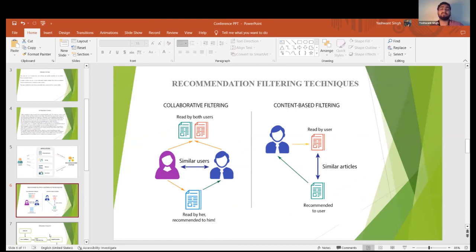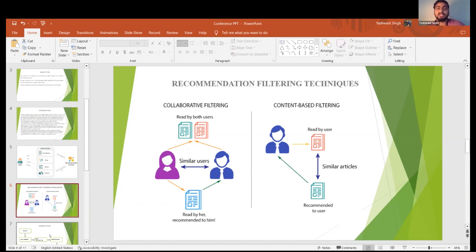What collaborative filtering does is it finds the similarity between different users, and it finds the set of users who are interested in some particular type of product or article. So if one user buys or watches a movie, then other users who are similar to him or her are also suggested the same kind of movie that the other user was watching.